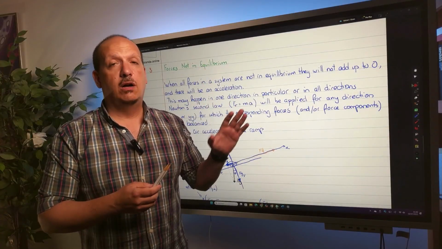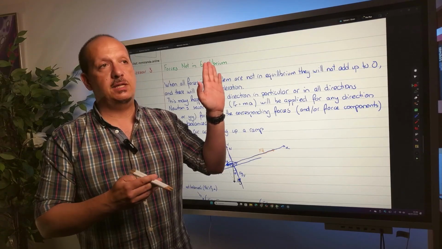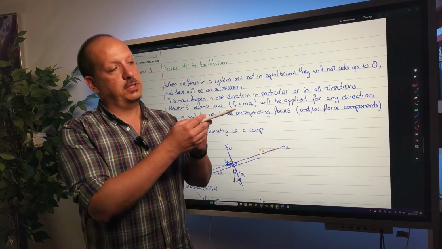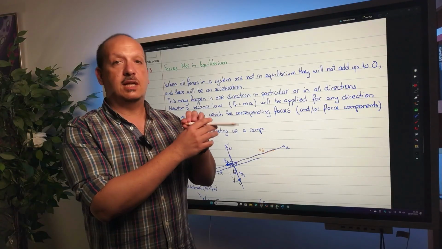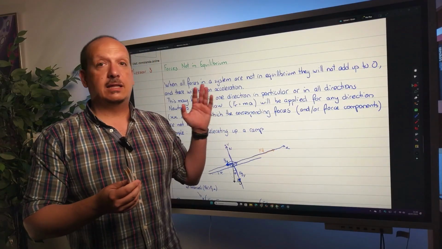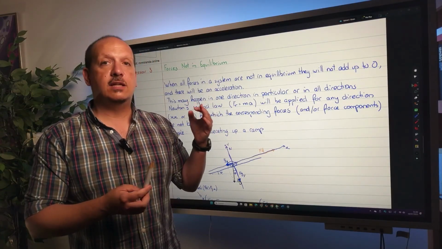In other words, all the forces pointing up have to be equal to the sum of all the forces pointing down, and all the forces pointing right have to be equal to the sum of all the forces pointing left. Now, at least in one of the axes, this is not going to happen.